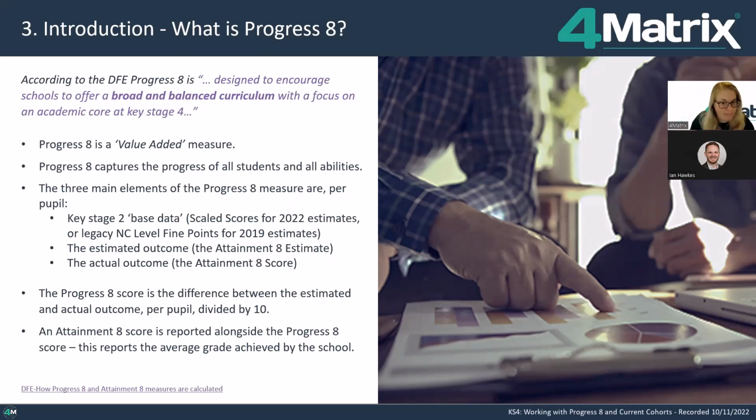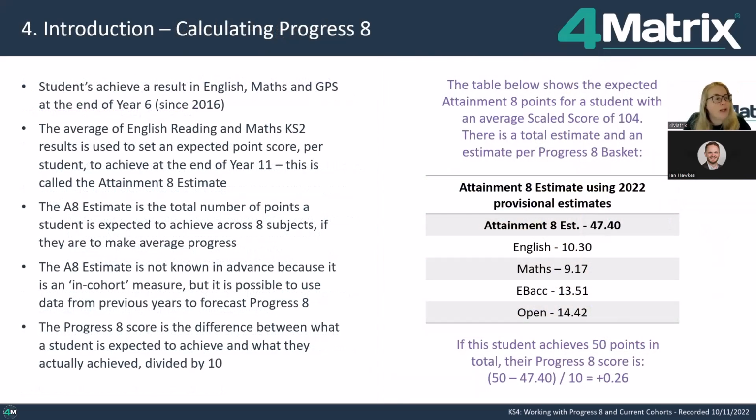So how do we calculate Progress 8? Students achieve a result in English and maths and GPS at the end of year 6. These are key stage 2 national curriculum tests, and are currently in the format of scaled scores, so 104, 102 and so on.